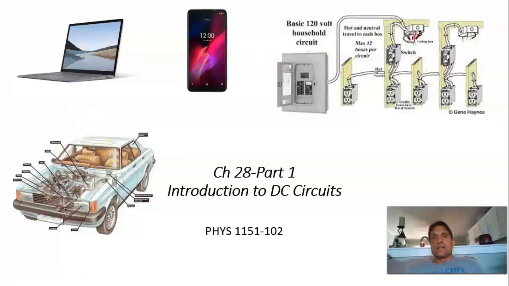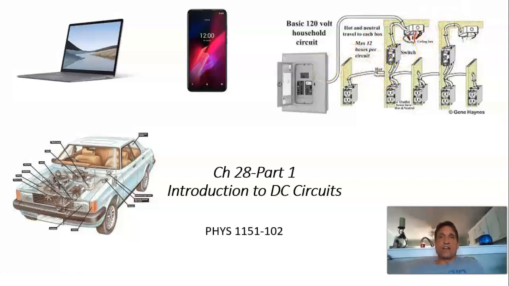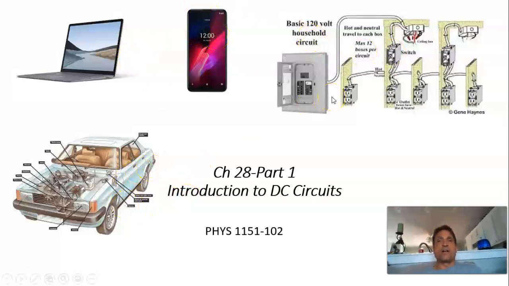What these have in common is that they all have circuits built into them, and we'll see that a circuit is typically, well, always, a source of energy connected by wires and/or traces on a PC board to components or devices that use this energy for a specific purpose. For example, to run our cell phone or our laptop or our car, or in our house here.